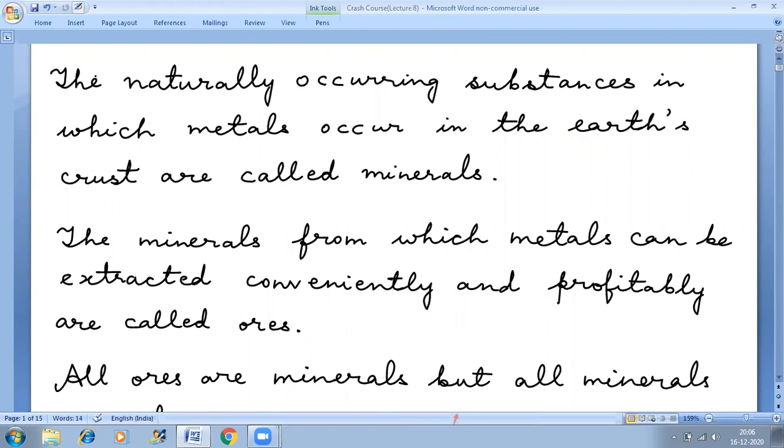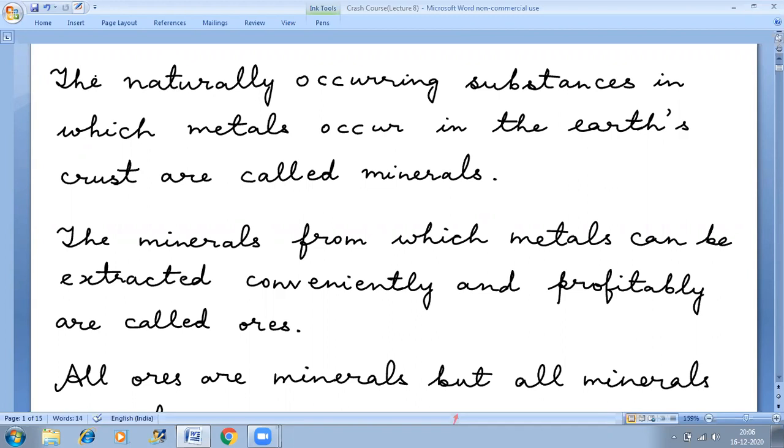Now, the minerals which can be used by human beings to obtain the metals profitably are called ores. That means what? If I have a source of a metal, that is just called a mineral. It need not be necessarily an ore. Why?